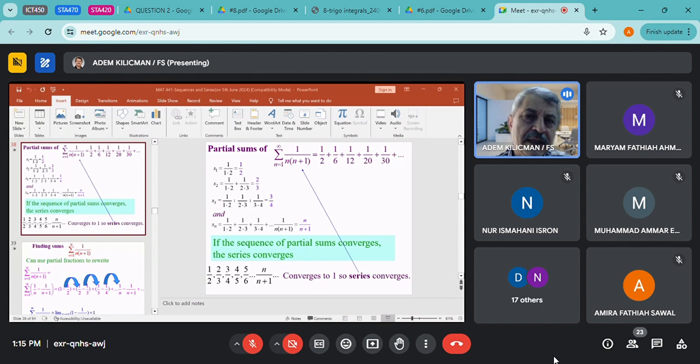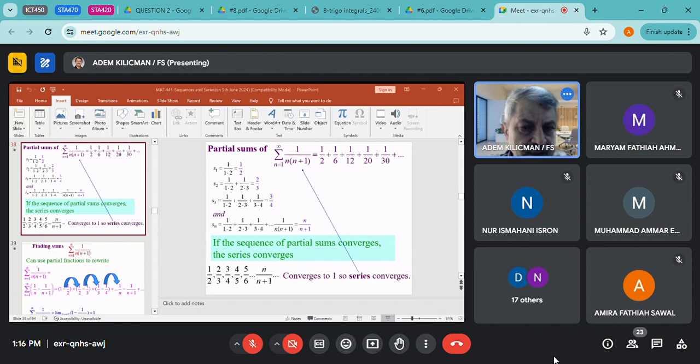Later on we will study looking at the general term of the series or sequences basically. For example, given the partial sum, we formulate it as n over n plus 1. How do I know that the top is 1, 2, 3, 4, 5, and so on? How many times?